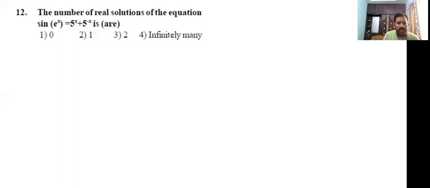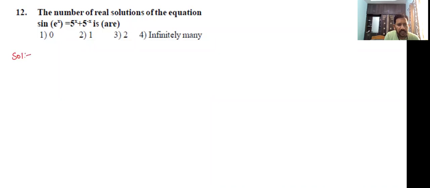The number of real solutions of the equation sin of e power x is equal to 5 power x plus 5 power minus x. The number of real solutions they are asking.